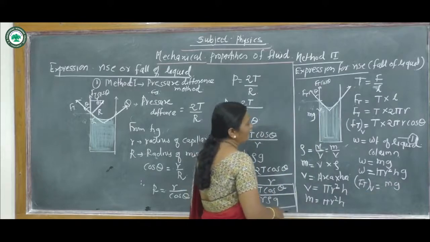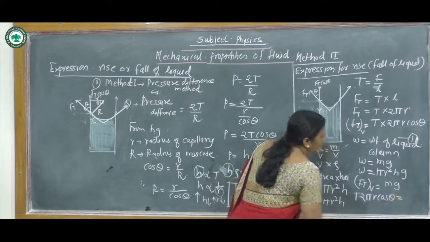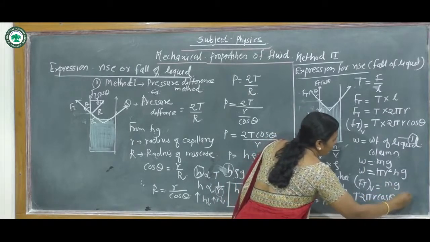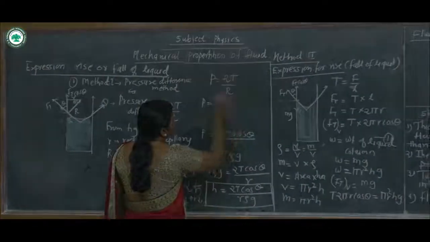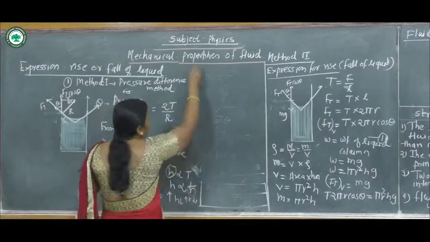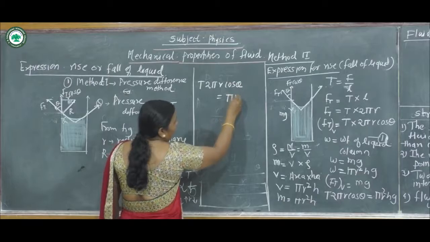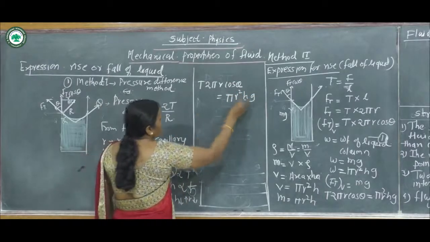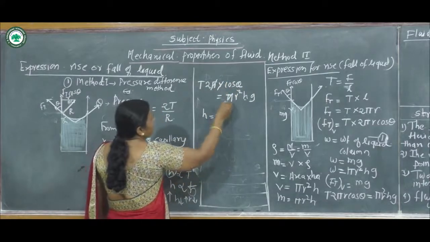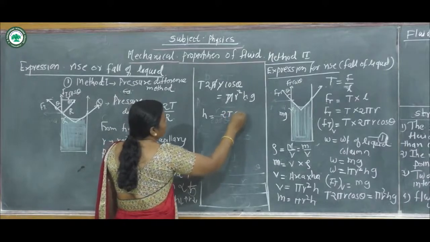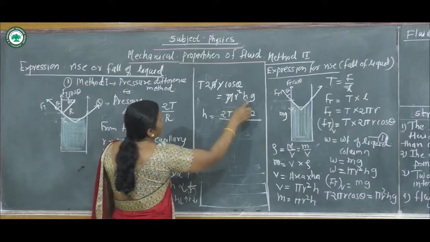We can balance the equation: T into 2 pi r cos theta is equal to mg, which is pi r square h rho g. Rearranging the equation, T into 2 pi r cos theta is equal to pi r square h rho g. Solving for h, pi cancels, one r cancels, and we get h is equal to 2T cos theta divided by r rho g.